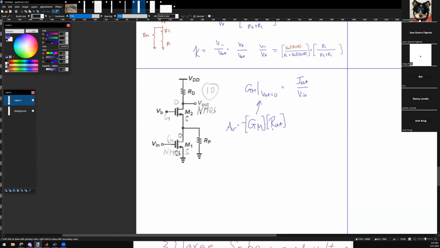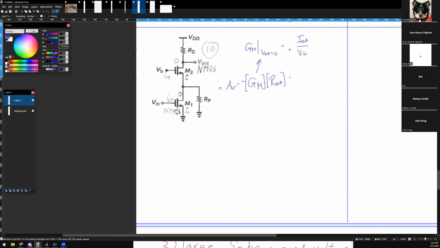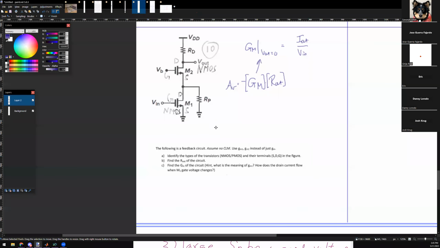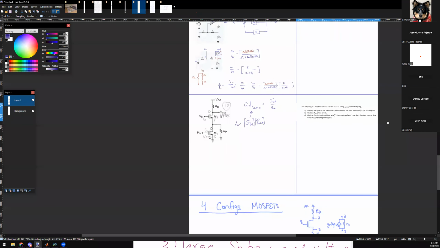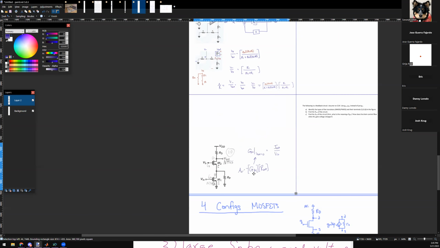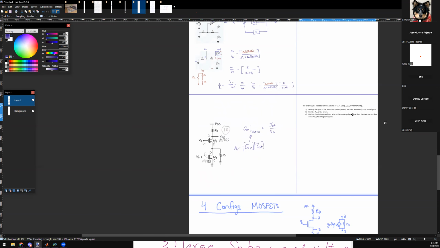Now your professor and I have a very different way to solve this circuit. But can we solve it? The way I'll solve it is different than the way your professor will solve it. As long as it makes sense, it makes sense. G, can you post the whole question so he can see it?